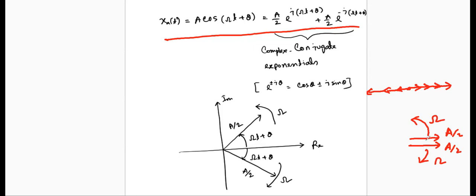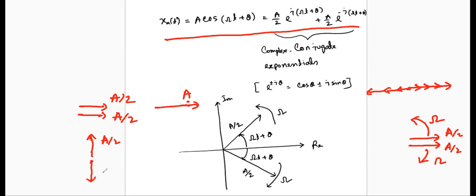That means when the position is like this, let's say A by 2 and A by 2 in the same direction, it will give the total value of, of course, A. In the second position, this is A by 2 and this is another A by 2, it will give the value equal to 0.